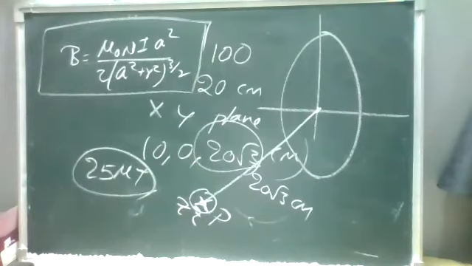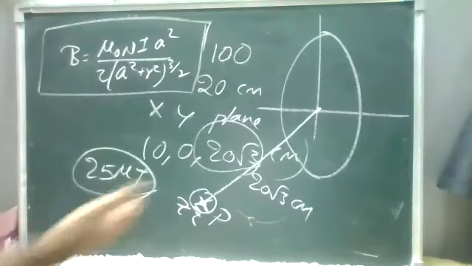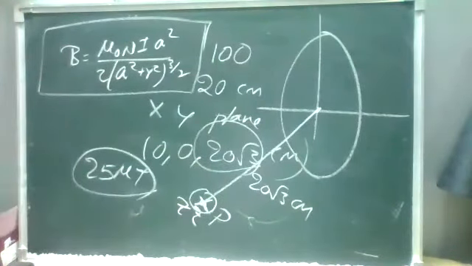So try to find it. R is nothing but 20 root 3 centimeters. A is nothing but your radius. How much have they given? 20 centimeters. Again, we need to convert into meters. From this, what do we know? I is known, A is known.